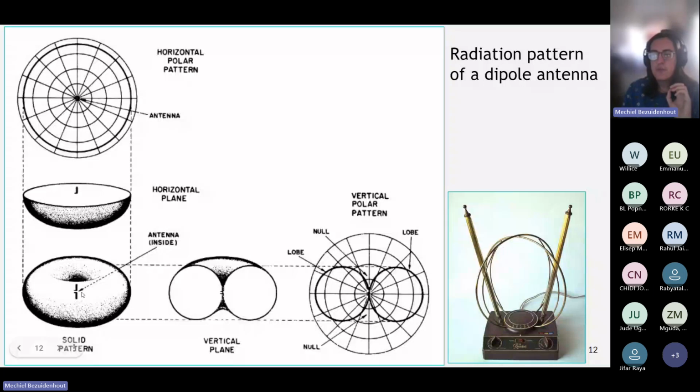Towards the top and the bottom of the antenna, the radio waves are interfering destructively, so it doesn't have any sensitivity parallel to the dipole. And then radially to the dipole, it has this donut shape.